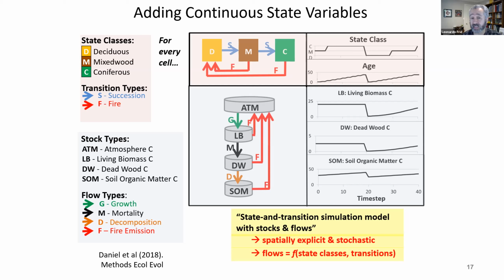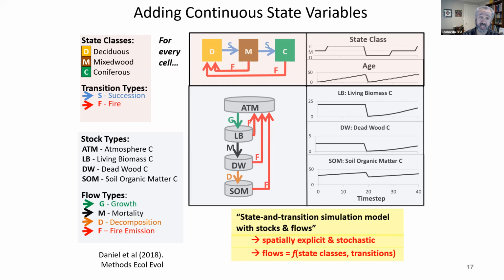So the flux rates can also vary between vegetation states. For example, you could have different growth rates for your deciduous versus your coniferous state classes. And you can see how carbon stocks and fluxes are changing over time for your landscape.